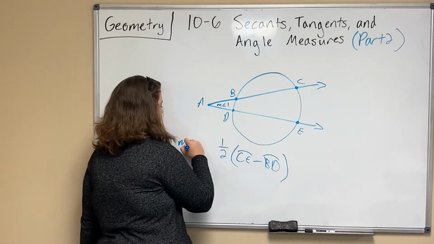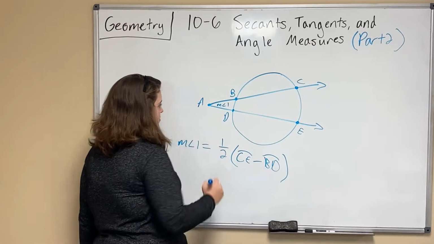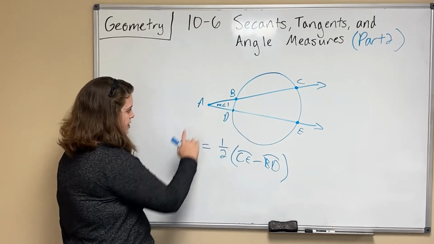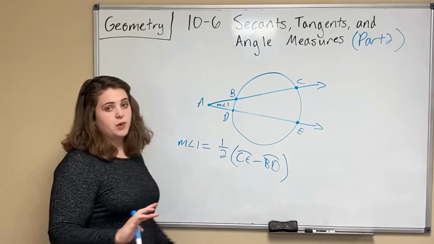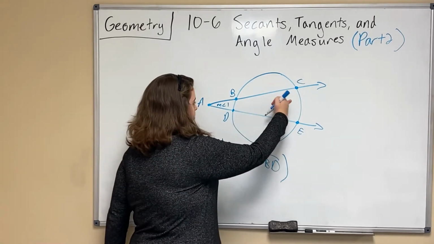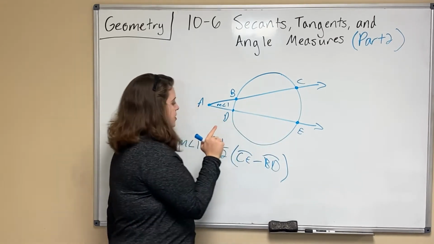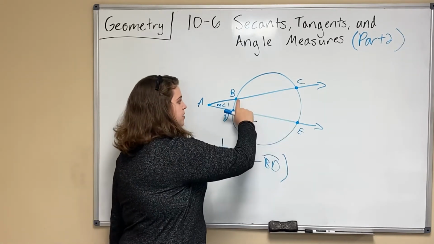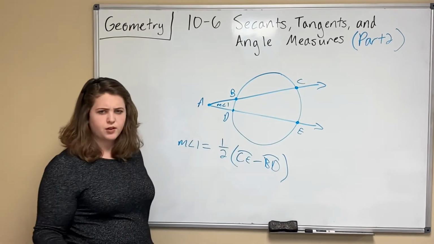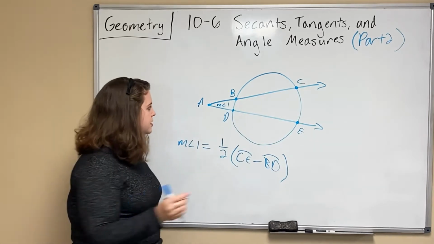Now all of that is going to equal the measure of angle 1, or the measure of angle A. So no matter what these two angles are, or what this one is, we can figure out A by doing the bigger arc minus the smaller arc. So let's just plug some numbers in and see how we do.